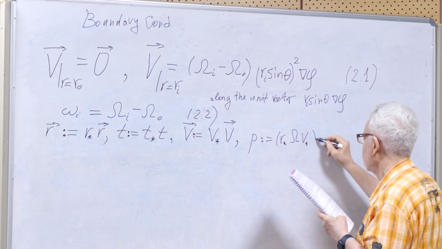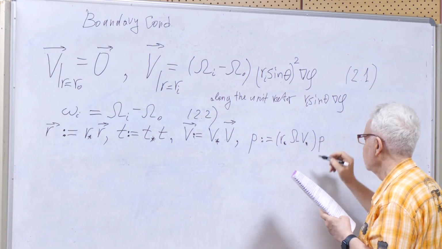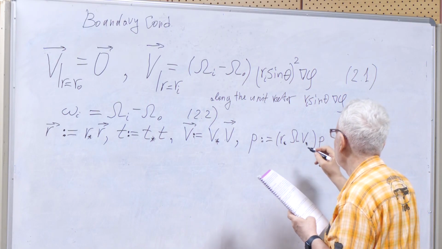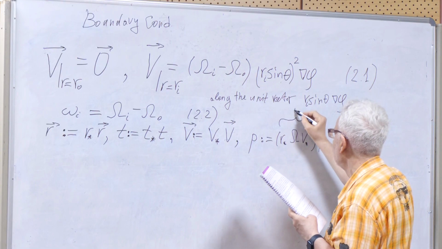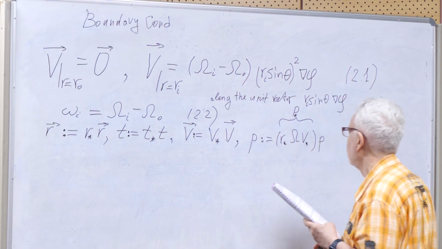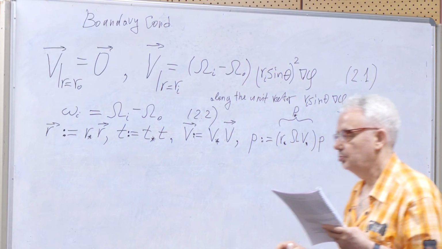And here it is a bit more complicated, but of course we can say that this is actually p star, small p.